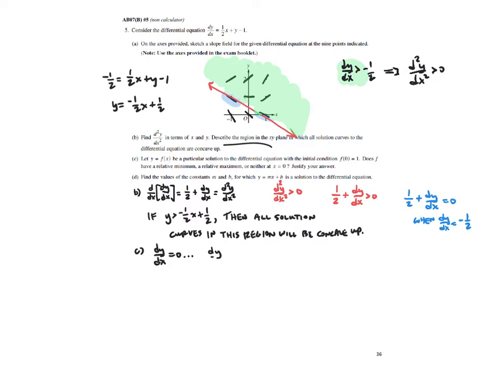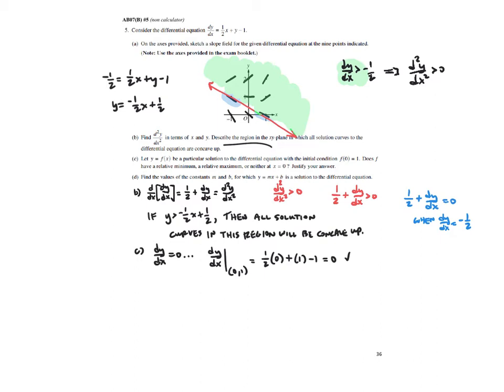Okay, so what I'm going to do is take dy dx and evaluate at the point 0, 1. Okay, so I'm going to take my equation 1/2 x, plug in a 0 for x, plus y, plug in a 1 for y, subtract 1, I get 0. Okay, so I can kind of check that off my list. Dy dx equals 0. Now I'm going to use the second derivative test.